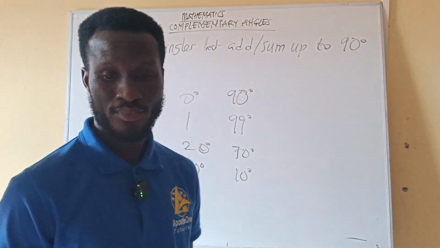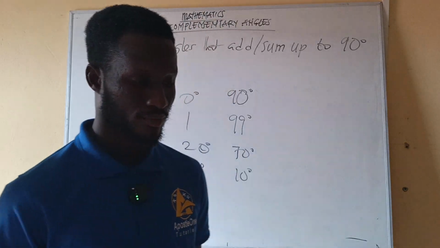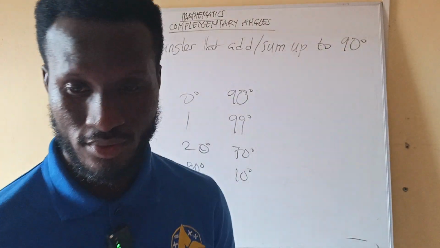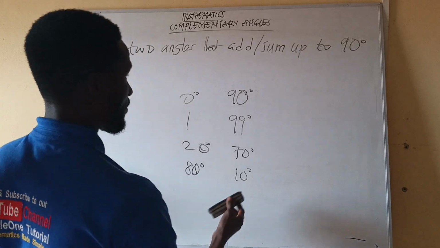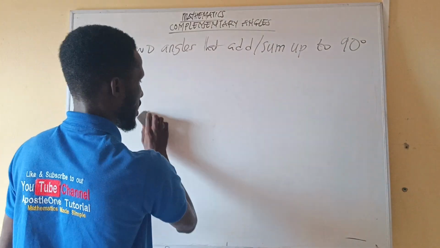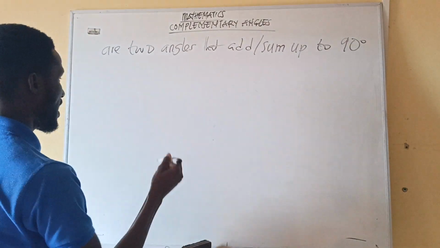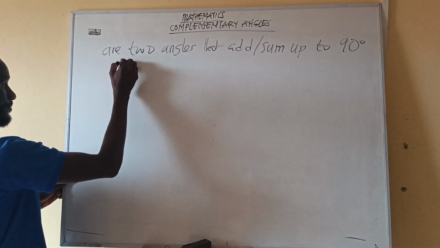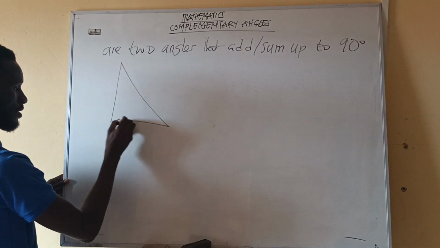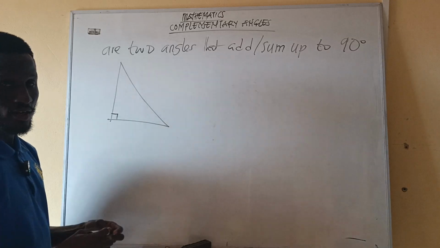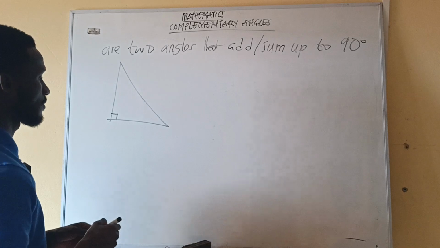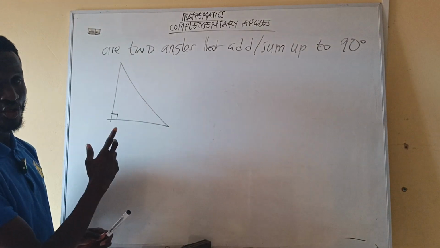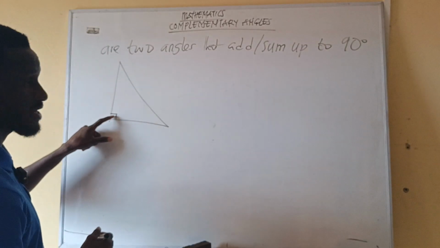Now let's consider a right angle triangle. Now, if I have a right angle triangle like this, this angle is 90, right?